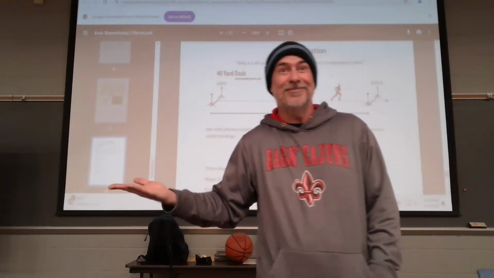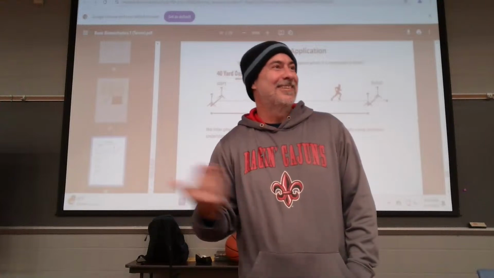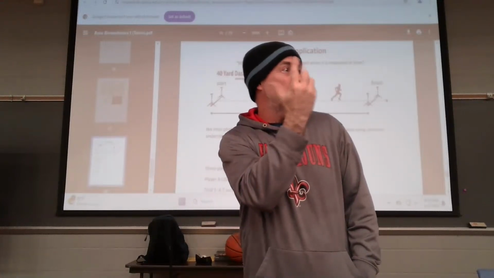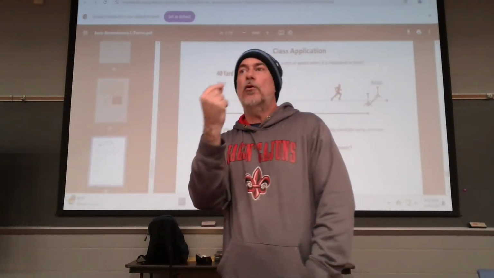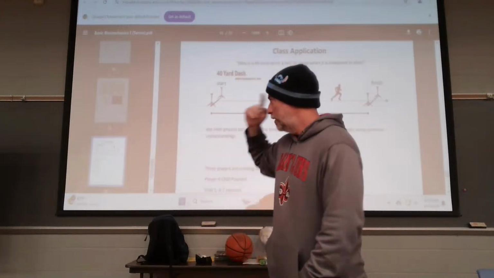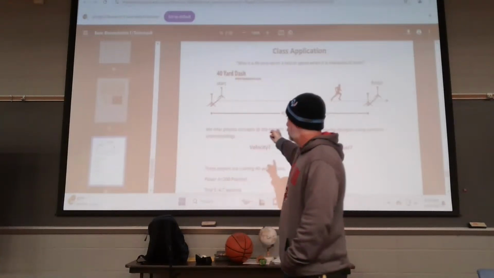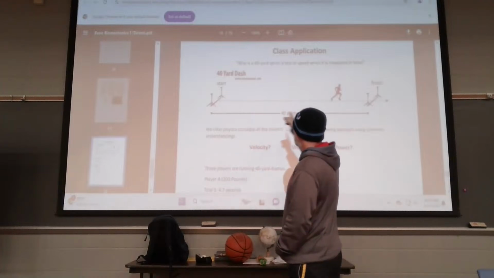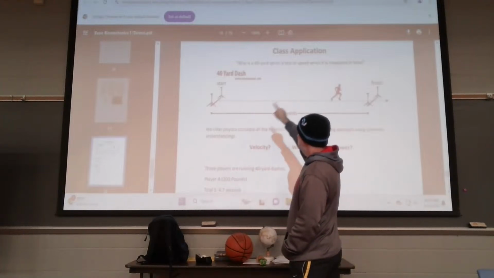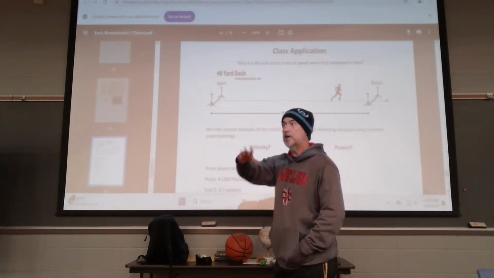It's just who displaced in the least amount of time, right? So we've already set the precedent that we know more physics than we give ourselves credit for. Because when the conditions are the same, the displacement, the top part, is the same, variations in time infer variations in speed.